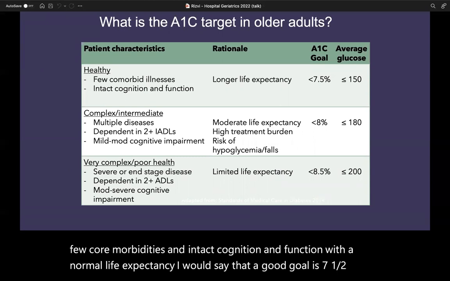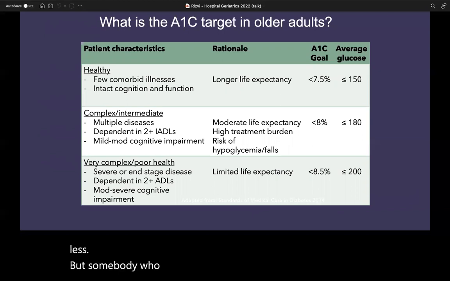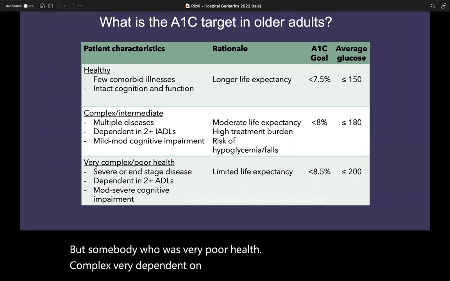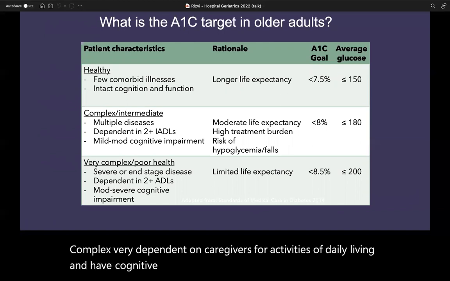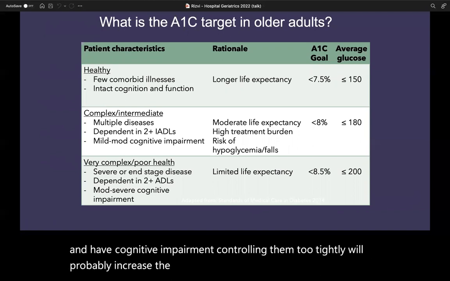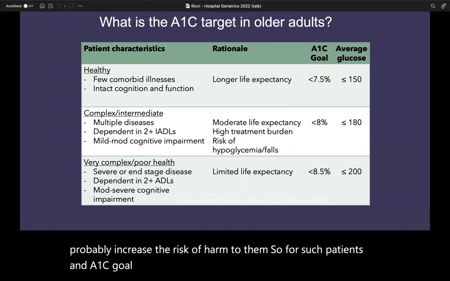But somebody who is in very poor health, complex, very dependent on caregivers for activities of daily living and has cognitive impairment, controlling them too tightly will probably increase the risk of harm to them. So for such patients, an A1C goal of less than 8.5 in a monitored setting is certainly desirable.